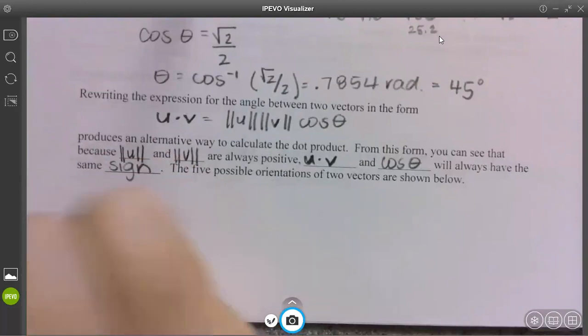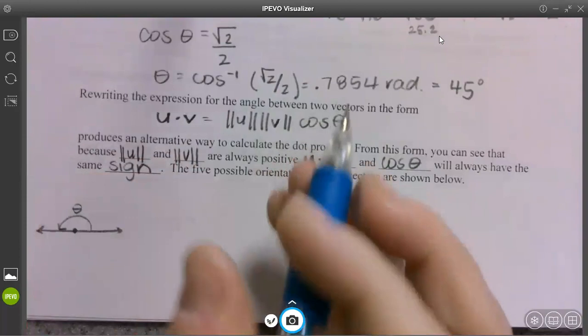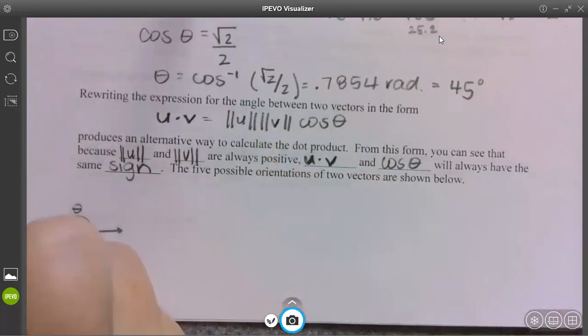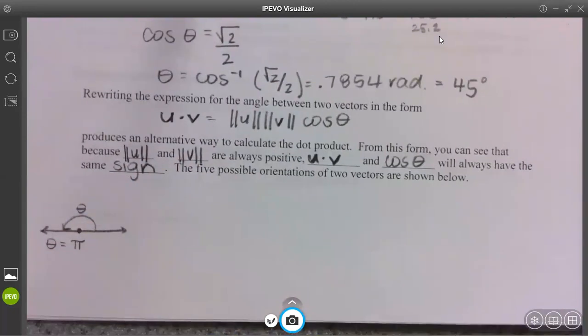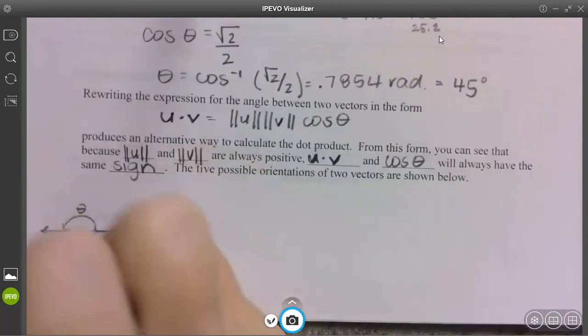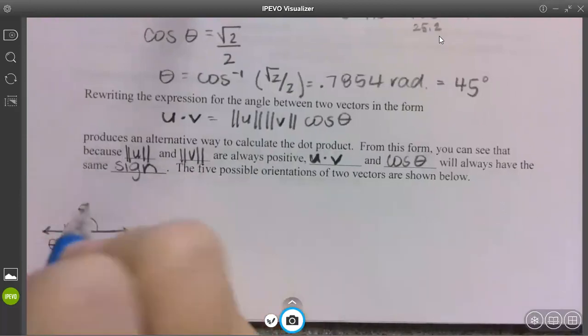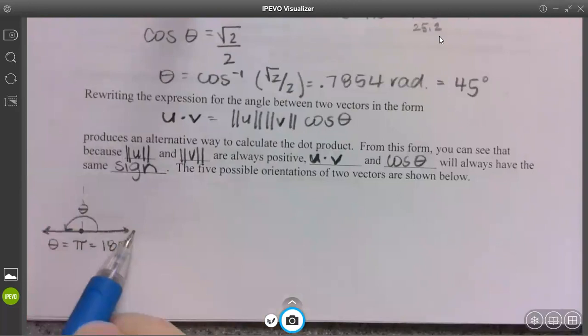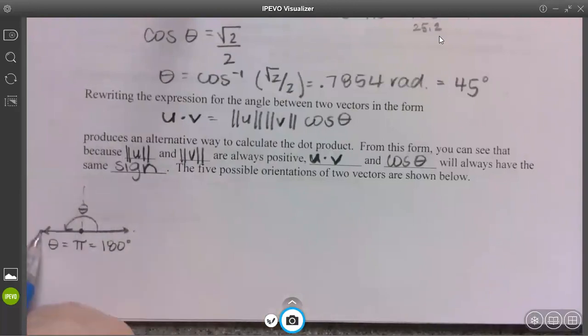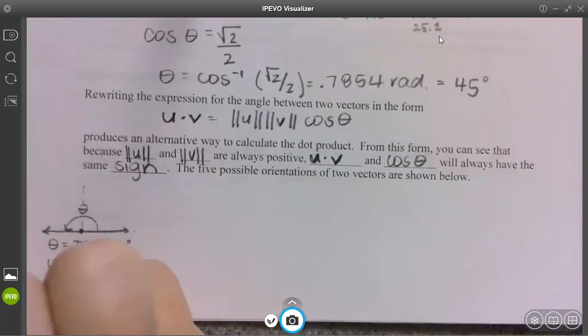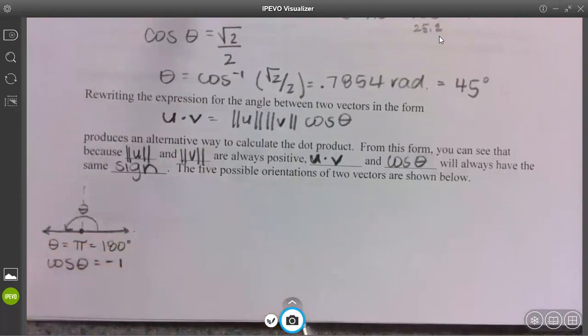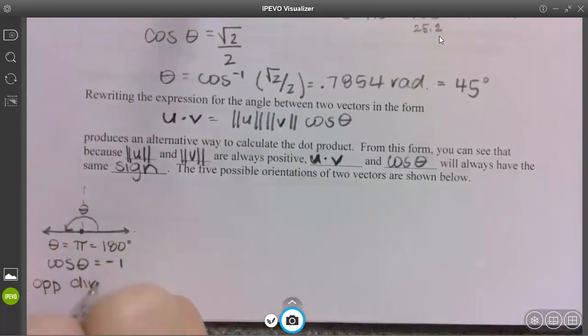This is going to be your angle. Theta is going to equal pi, or even 180 degrees. Because again, if you're going through the unit circle, this is 0, pi over 2, pi, or it's at 180 degrees. Cosine theta will equal -1, and they're going in opposite directions.